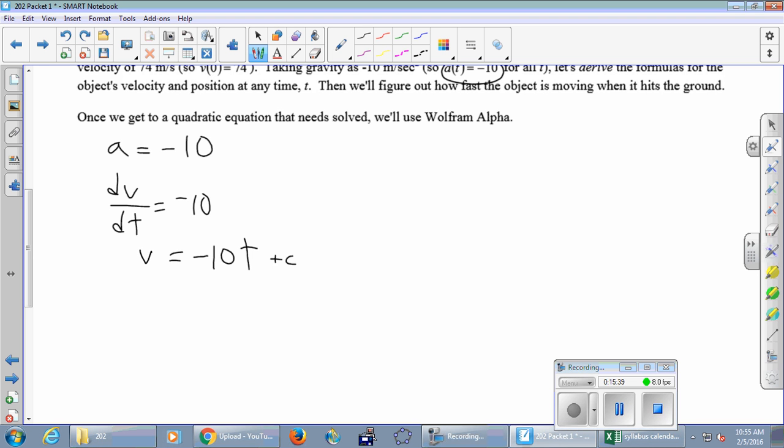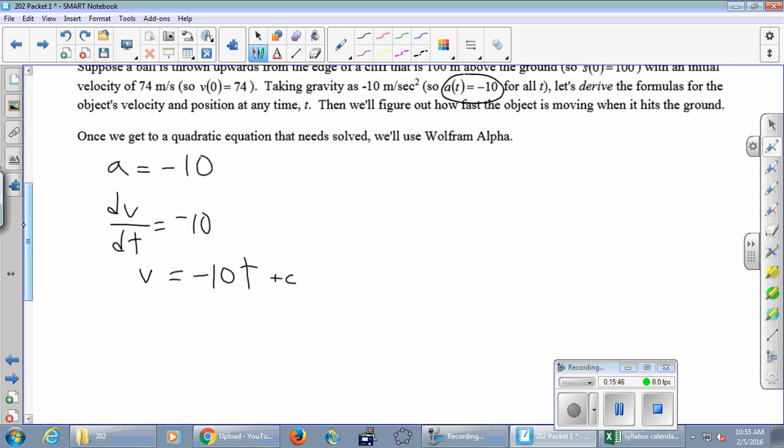Okay, before we go any farther, I want to get my hands on the actual value of c. I want it to be specific. So we're going to use the initial condition that's given right here. v of 0 is 74. It's the same idea as the y of pi equals 1 that we used up above. So then we'll come down here and we'll say, okay, instead of v, what number? 74 equals negative 10 times, instead of t, what number? 0.